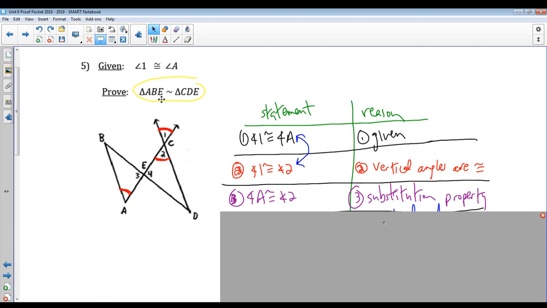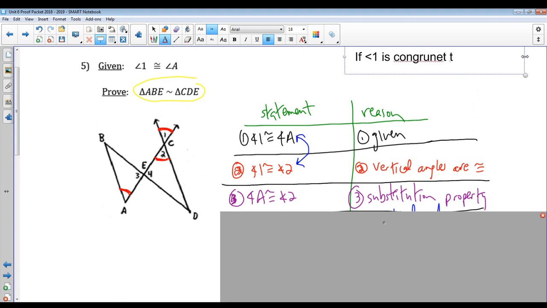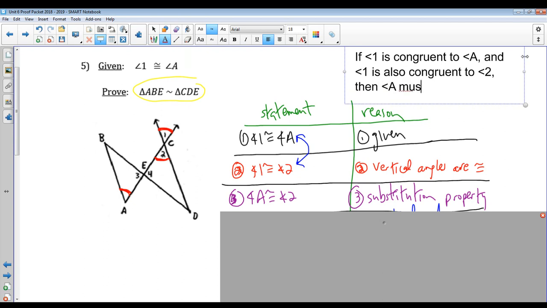So if angle 1, and you could even write this. I've had people in the past write it out like this. So I'll just jot it down here. You don't have to write this all out. But I've had people say this: if angle 1 is congruent to angle A, and angle 1 is also congruent to angle 2, then angle A must be congruent to angle 2.